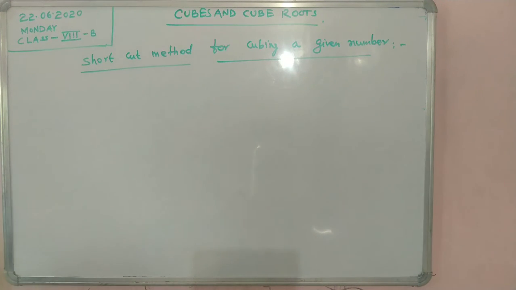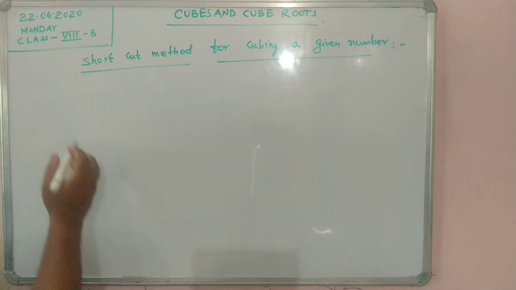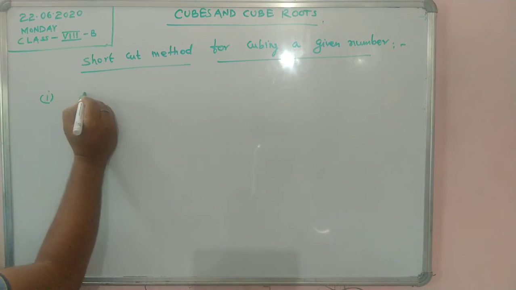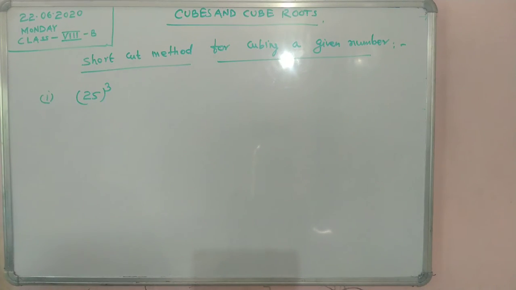Students, this shortcut method we have already discussed in squaring a given number. But here the formula is a bit different. Suppose I have to cube the number 25, that means 25 cube.